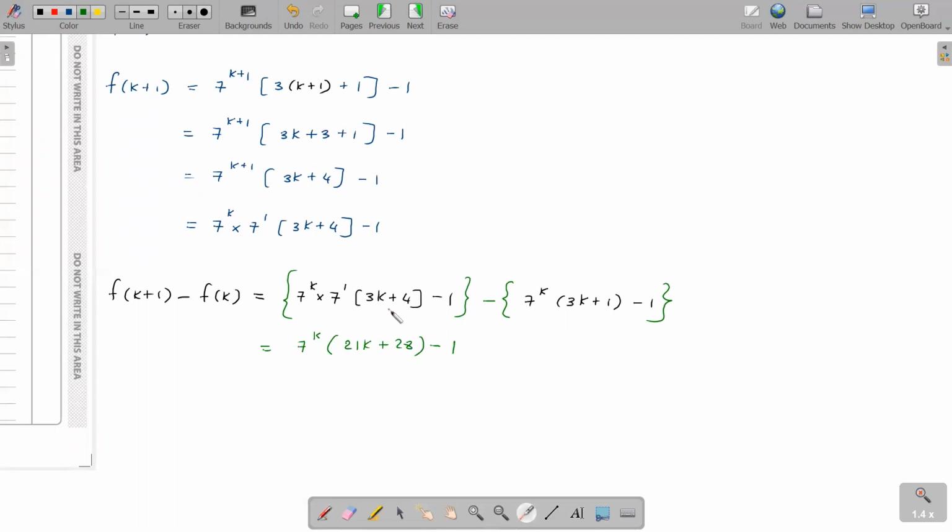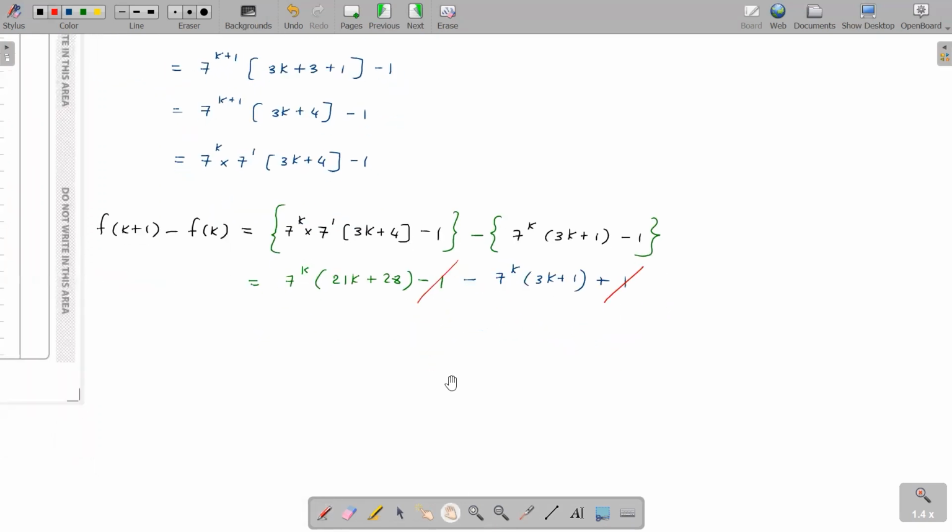I open the bracket with just the 7. Here I have minus 7 to the power k times 3k plus 1. Minus into minus is plus 1. Are you with me? The minus 1 plus 1 cancels out. So I end up getting here 7 to the power k times 21k plus 28 minus 7 to the power k times 3k plus 1.